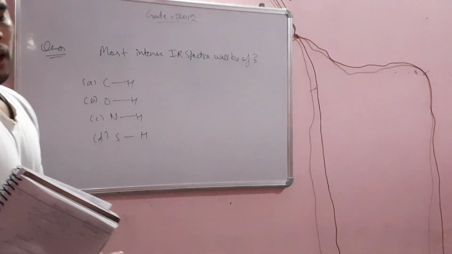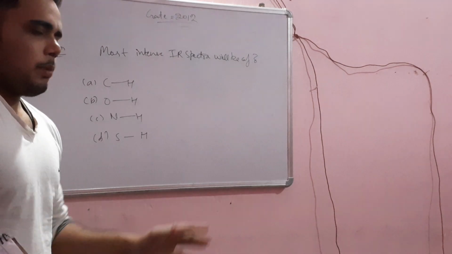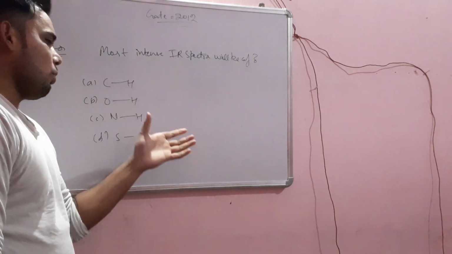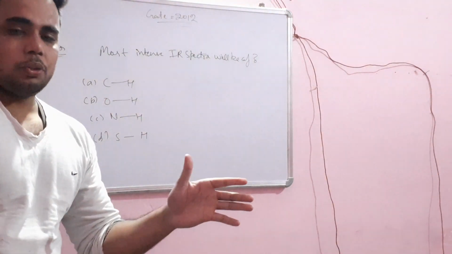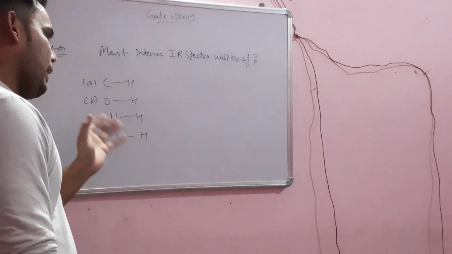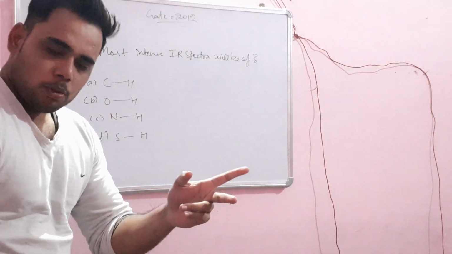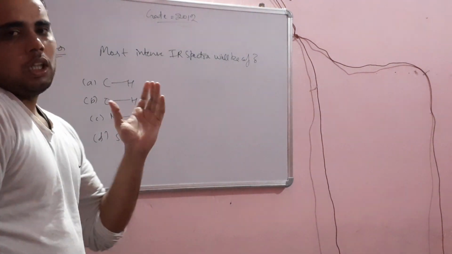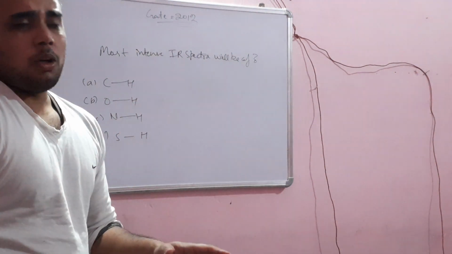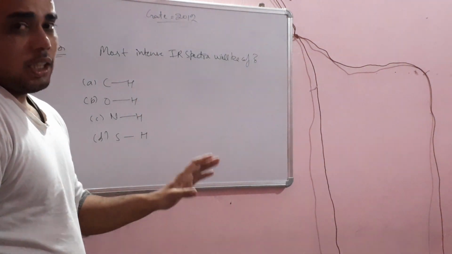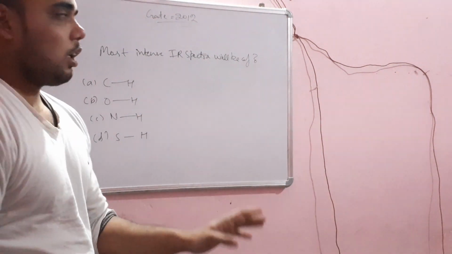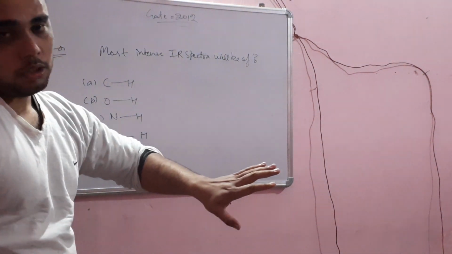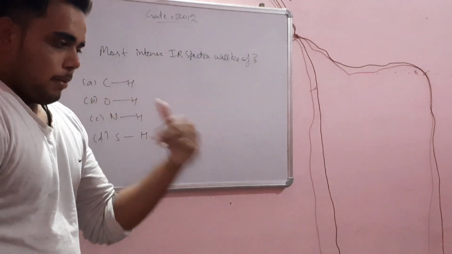In vibrational spectra or IR spectra, whenever you are asked such a question, you know that there must be a dipole moment, only then are they IR active. The dipole moment is just two charges separated by a distance. So the IR spectra will be most intense in whichever compound has the higher dipole moment.